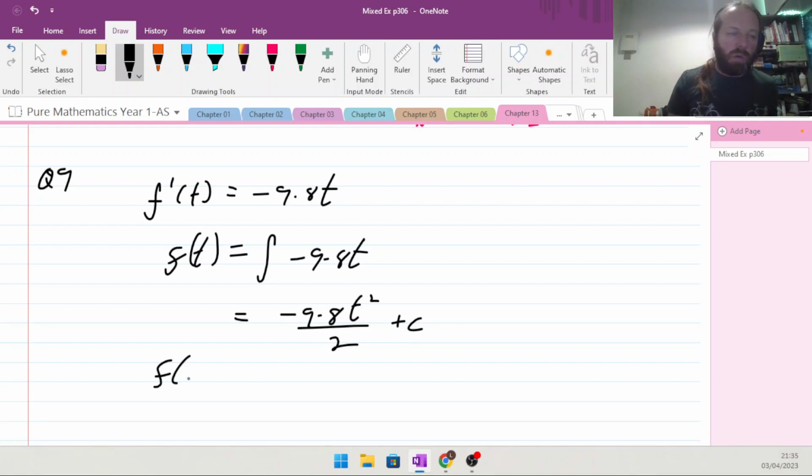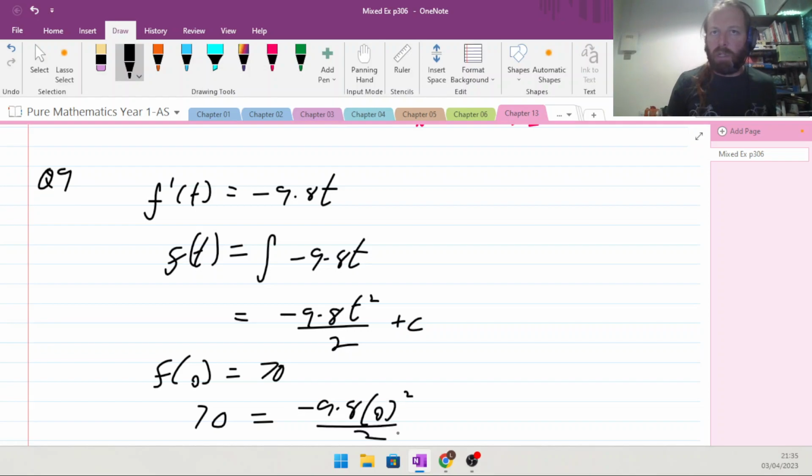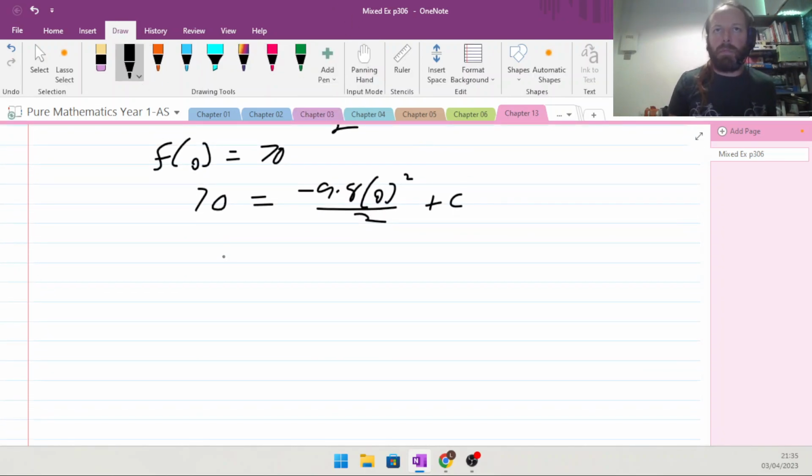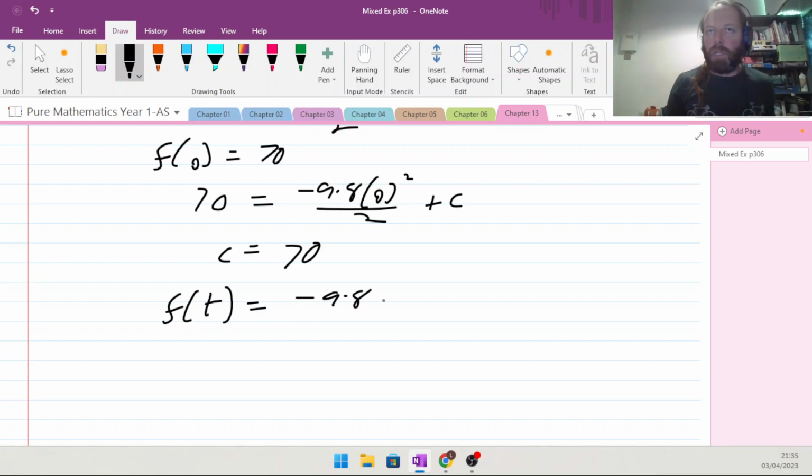We were told when f of 0 equals 70, and so we can say 70 equals minus 9.8 times 0 squared over 2 plus c, meaning that c is equal to 70, giving us a final f of t is equal to minus 9.8 t squared over 2 plus 70.